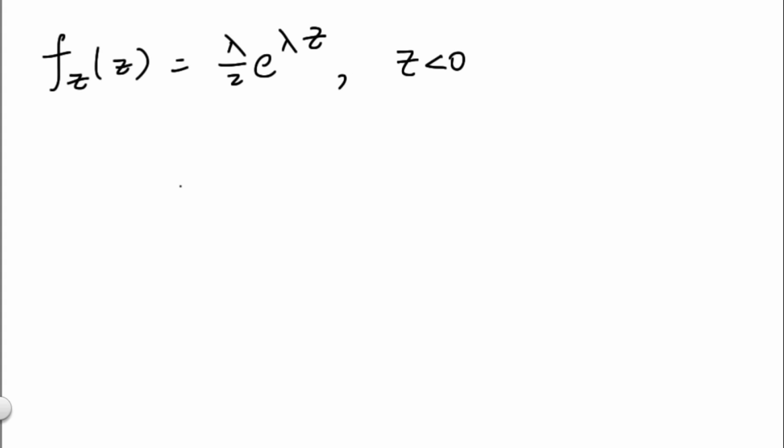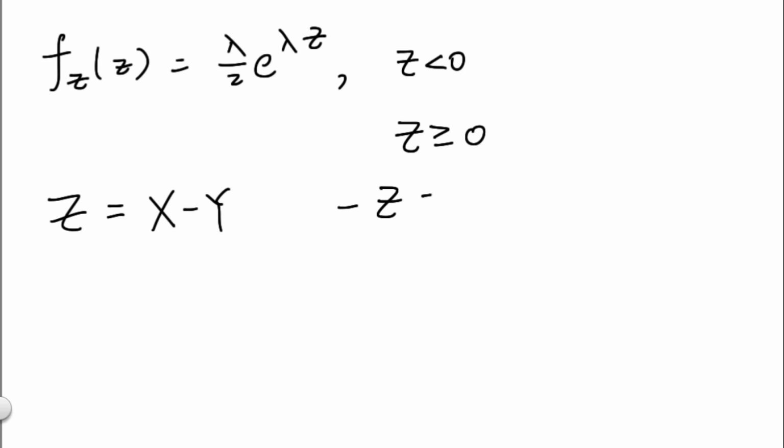Now that we have the distribution of f of z when z is less than 0, we'd like to know what happens when z is greater than or equal to 0. Well, in principle, we can go through the same procedure of integration and calculate that value, but it turns out there's something much simpler. See, z is the difference between x and y, and negative z is simply the difference between y and x.